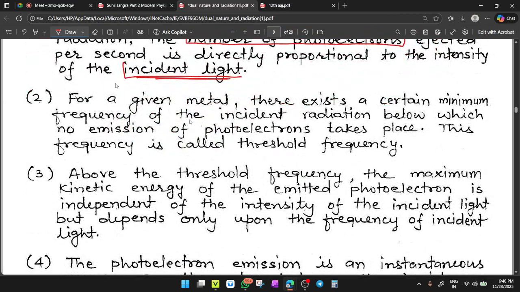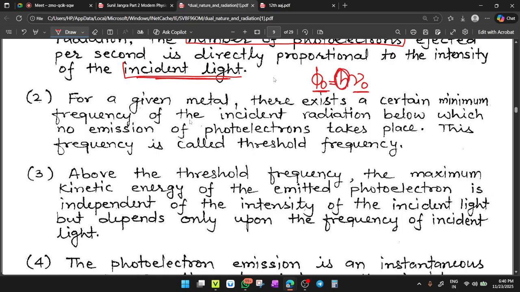Second, for a given metal, there exists a certain minimum frequency of the incident radiation below which no emission of photoelectrons takes place. This frequency is called threshold frequency. As we know, the work function, the minimum energy to fetch out the electron, is equal to h nu naught. For a minimum energy, there should be a minimum frequency because h is constant.